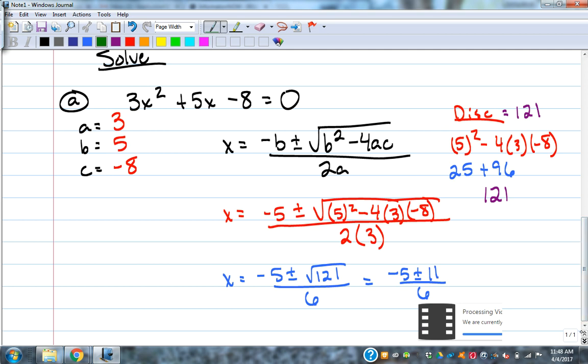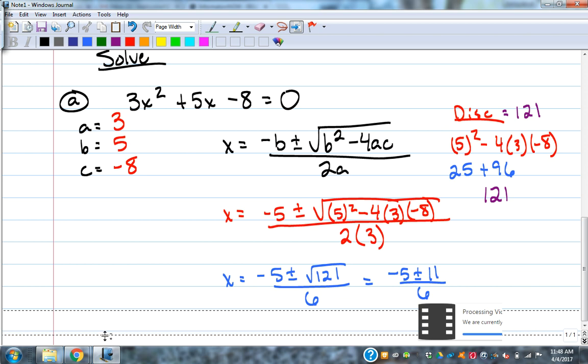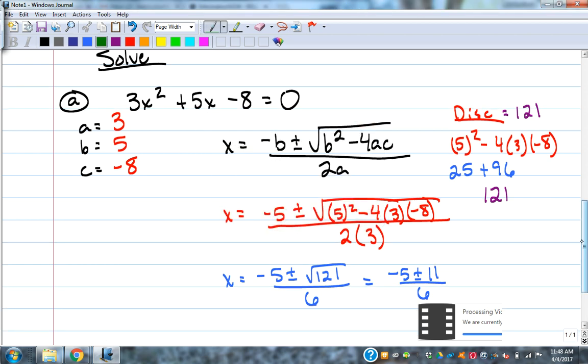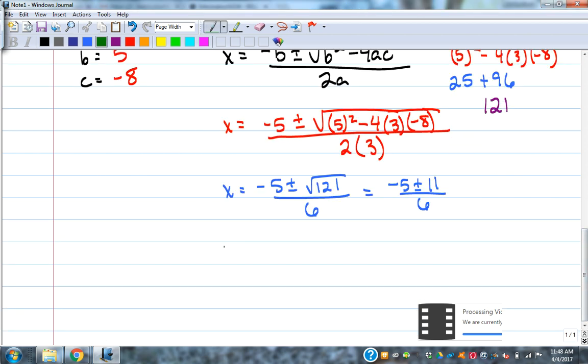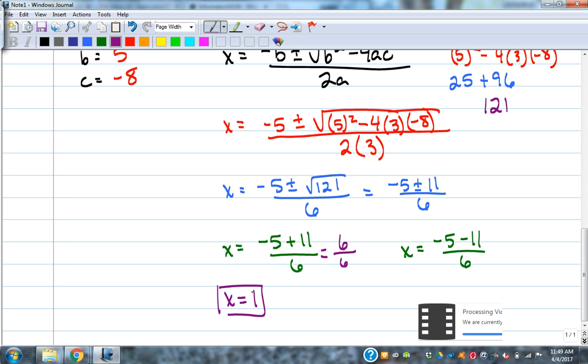Well, those are all just regular numbers, right? So I can work those out as 2 problems. So remember we were solving square roots and we'd end up with 2 answers. -5 plus 11 divided by 6, and then -5 minus 11 divided by 6. So -5 plus 11 is 6 over 6, so x equals 1.